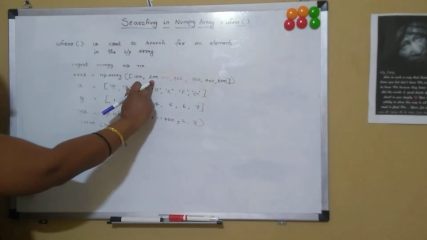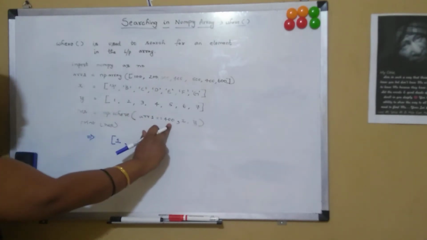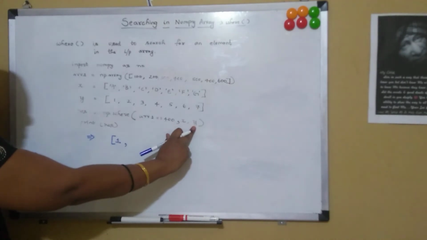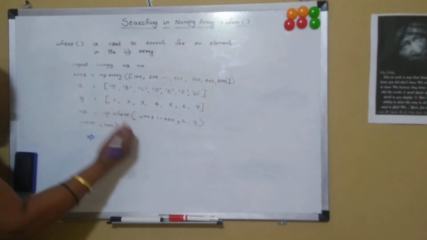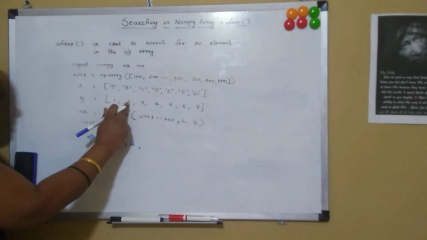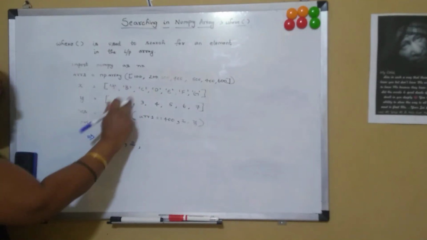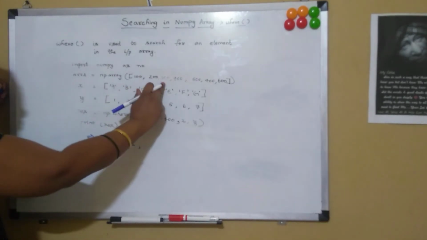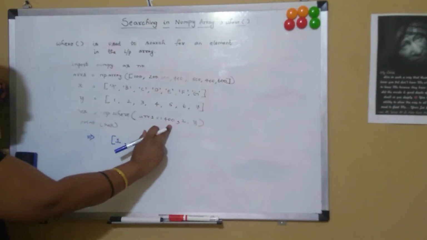Next it comes to 200. Is 200 equal to 400? No. So again it will consider from the y list, the false list, and it will print 2 on the console. It will print 2 because it is the second element in the array. And now it will check for 300. The condition is false.